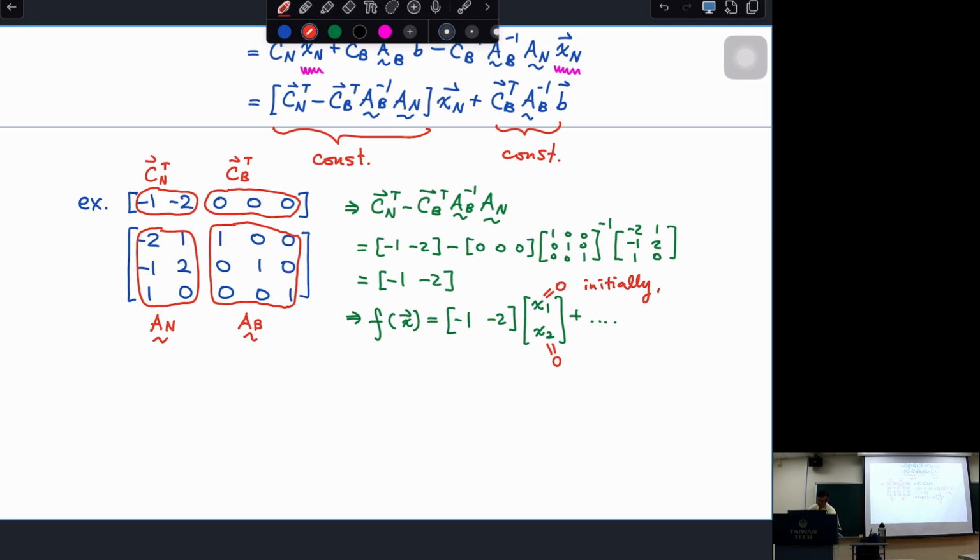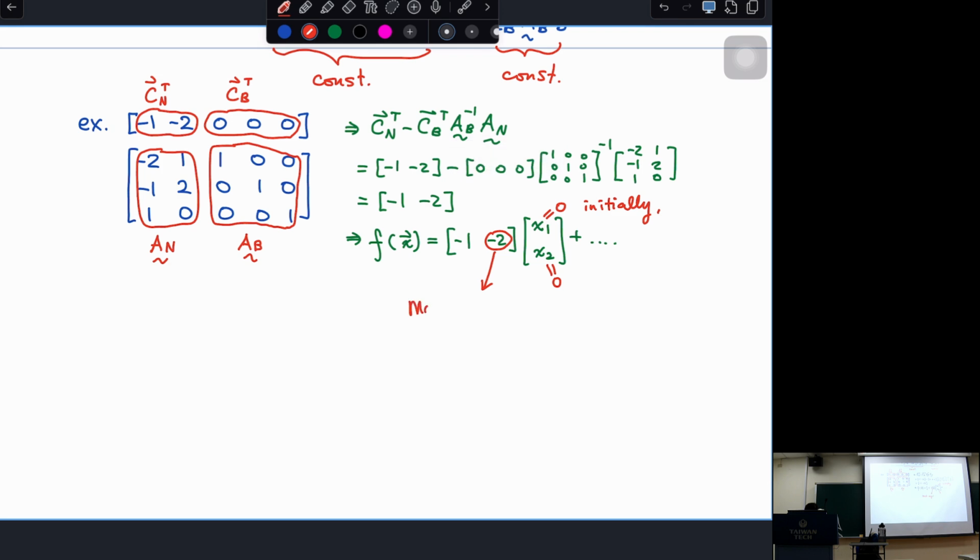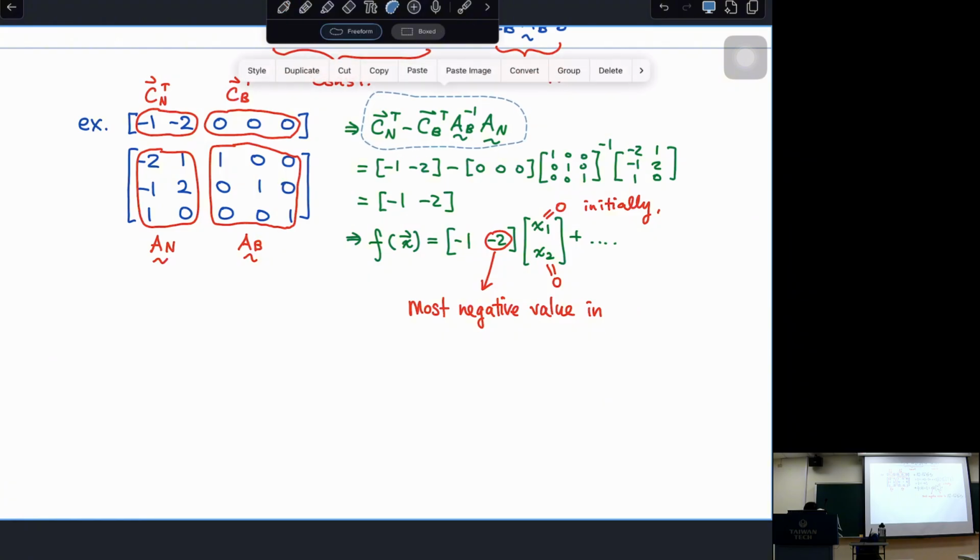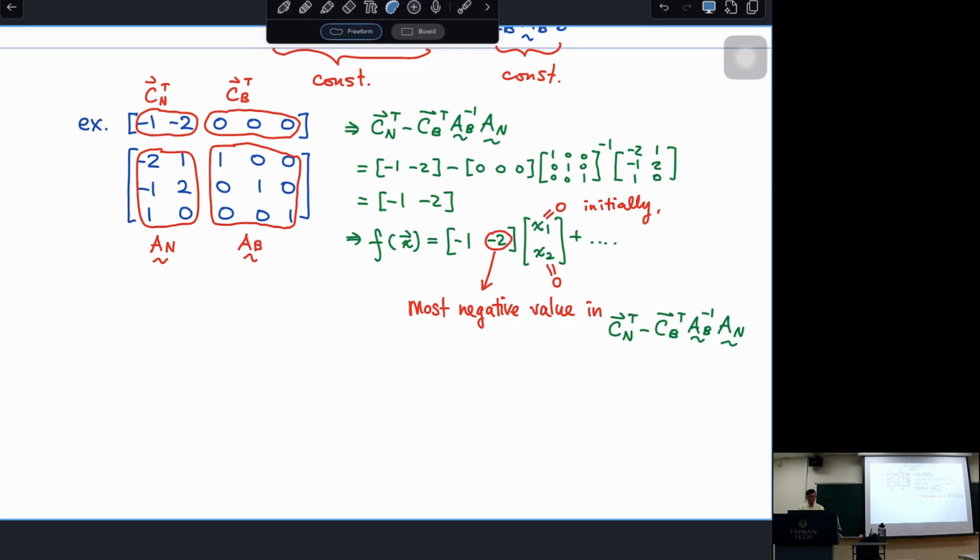So this corresponding coefficient is the most negative value in this chunk. So we are going to pick up the most negative value in this chunk.